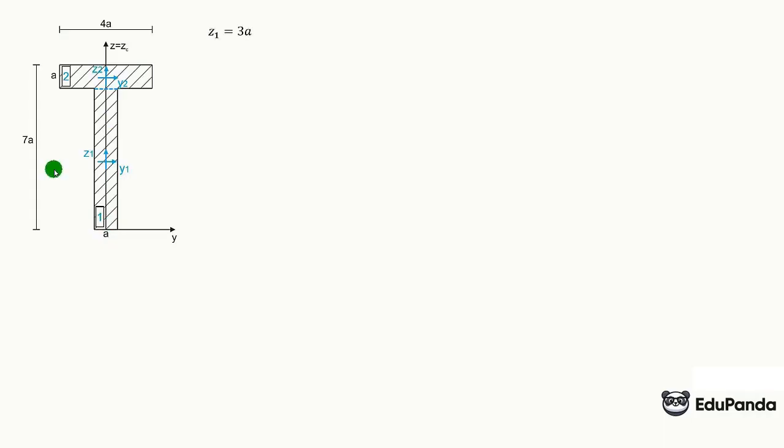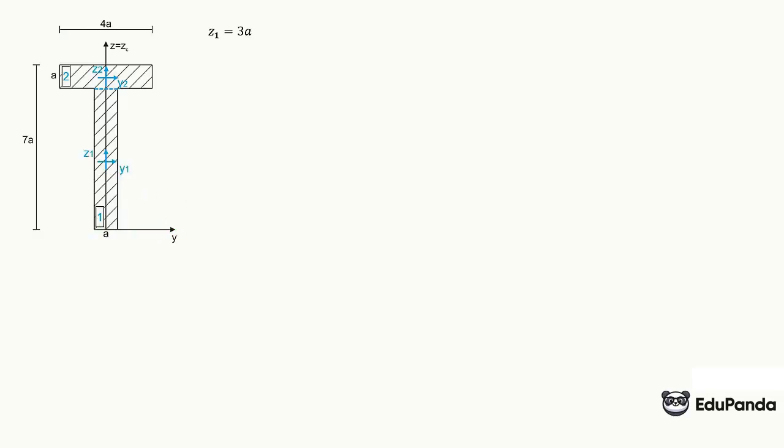First, we list the z-coordinates of the centers of gravity of each shape. So the z-coordinate of the center of gravity of this rectangle, designated as the first, is the distance from the y-axis of the first shape to an arbitrary y-axis.